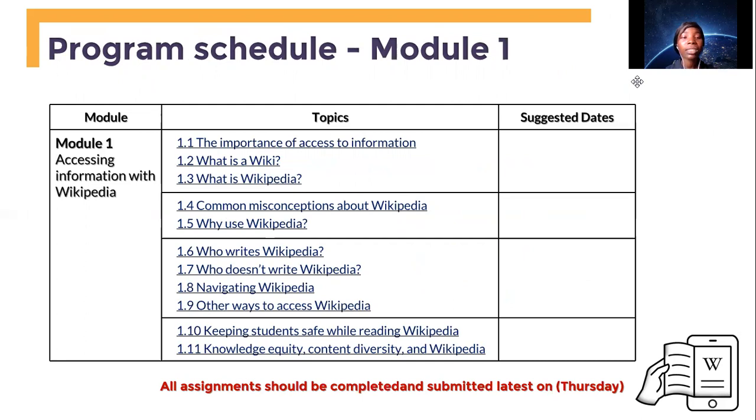Its topics include the importance of access to information, what is Wikipedia, what is a wiki, common misconceptions about Wikipedia, why use Wikipedia, who writes Wikipedia, who doesn't write Wikipedia, navigating Wikipedia, other ways to access Wikipedia, and keeping students safe while reading Wikipedia. The final topic in this module is knowledge equity, content diversity, and Wikipedia.